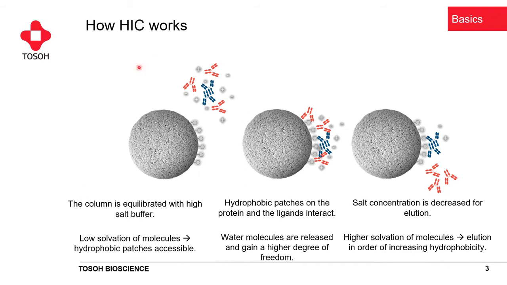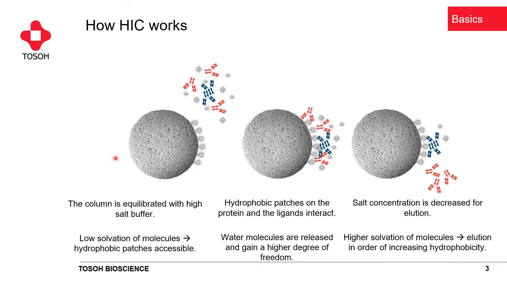We use a stationary phase that bears a hydrophobic ligand, typically a butyl or phenyl functional group on our stationary phase. Then we load or bind our hydrophobic molecules in a high salt concentrated buffer.